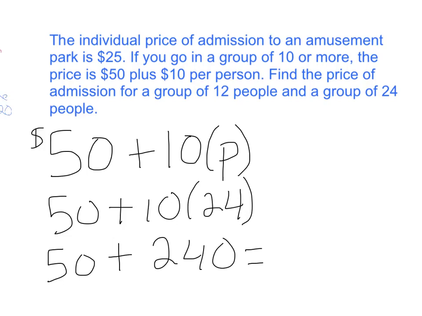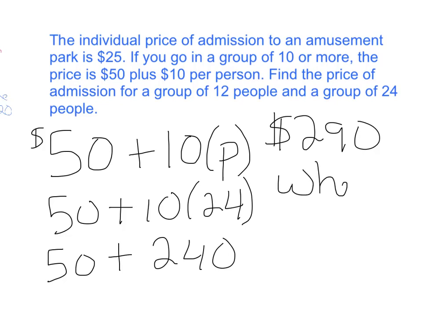So my $50 plus the 240, 10 for each person, that's how we get, sorry, I'll erase that equal sign, since this is an expression, not an equation. That's how we get $290 when 24 people attend.